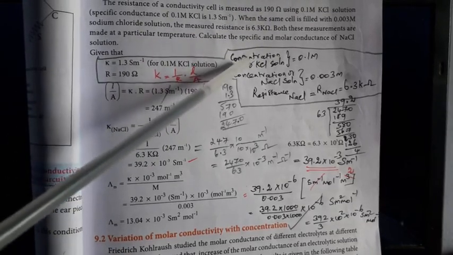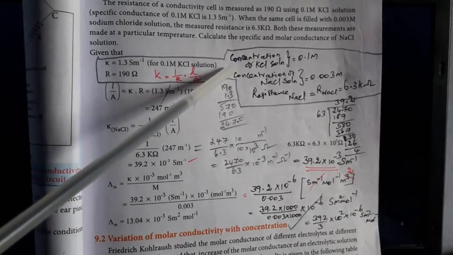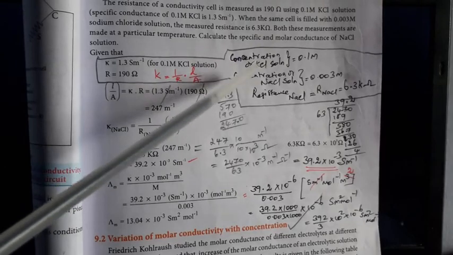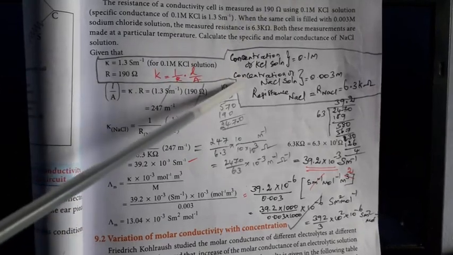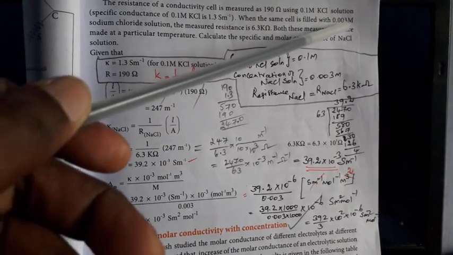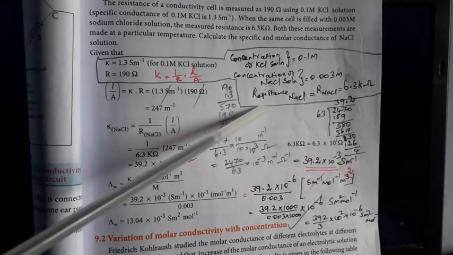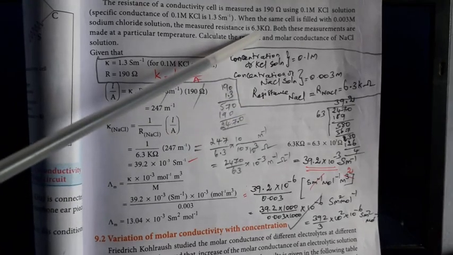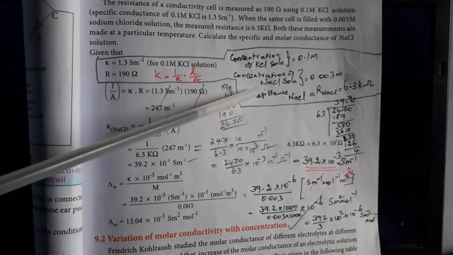Additional data: concentration of the potassium chloride solution is 0.1 mole, and concentration of the sodium chloride solution is 0.003 mole. Resistance of the sodium chloride is 6.3 kilo ohm. These are the extra data for this.